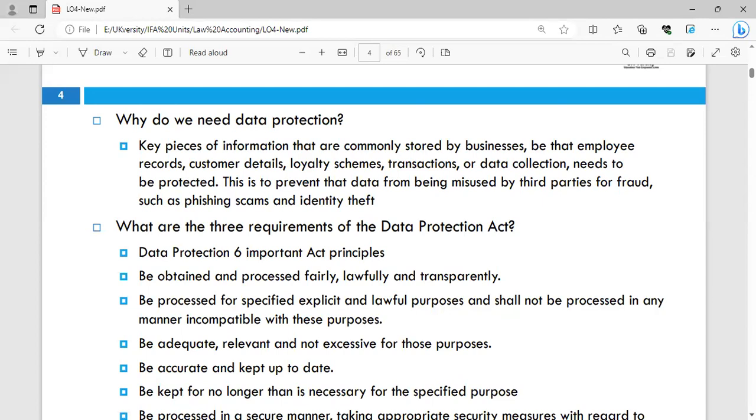But you don't need their child's date of birth. Of course, you can find the next of kin who will be responsible in case anything happens to the client. Other than that, you don't need extra information, like what they eat or where they sit. These are excessive data which is not required by law. So be adequate, relevant, and not excessive for those purposes.